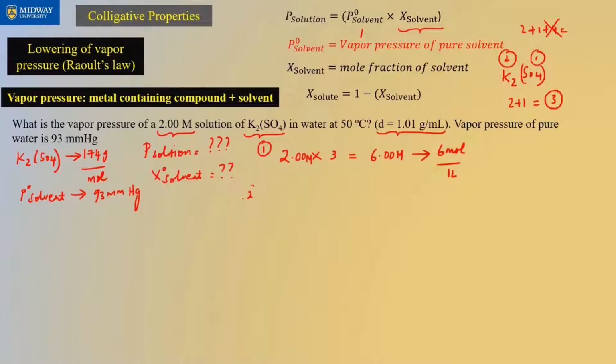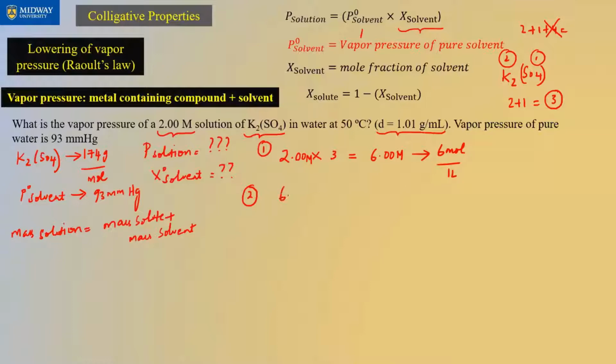The second step is we have to figure out, I'm going to add something else here: mass of solution equals mass of solute plus mass of solvent. Why do I have that? We'll come back to that in a second once we finish step 2. Because there's 6 moles per liter, that's how many moles of solute we have in 1 liter of solution.